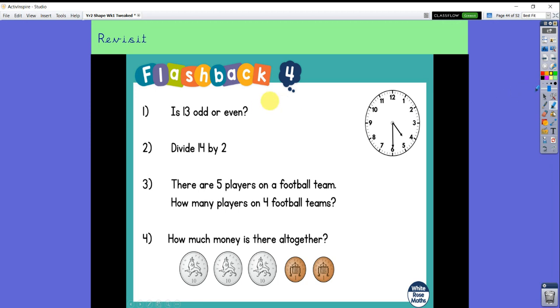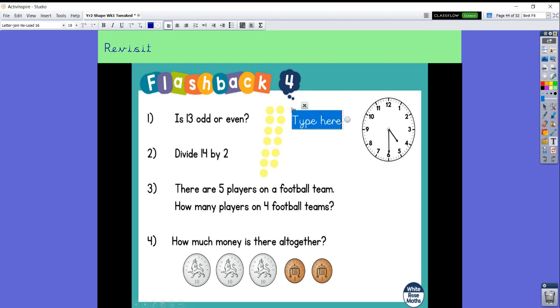Let's draw them out using our highlighter. 1, 2, 3, 4, 5, 6, 7, 8, 9, 10, 11, 12, 13. You are right. 13 is an odd number because this one does not have a partner. So we would say odd number.